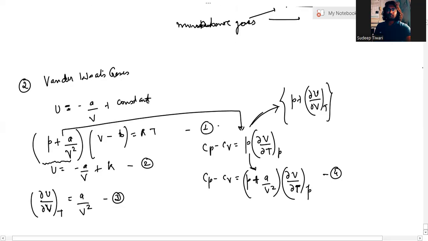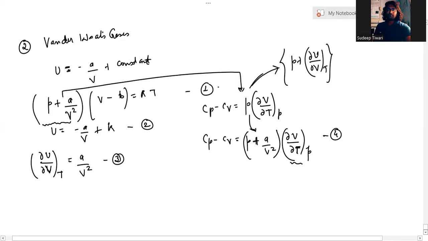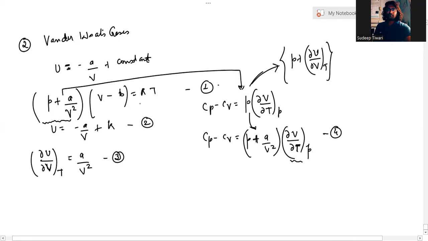Okay, so now how to generate this? I have to generate this term. So what I'll do, sorry, I will simply differentiate this equation number 1 with respect to temperature. What would I get?